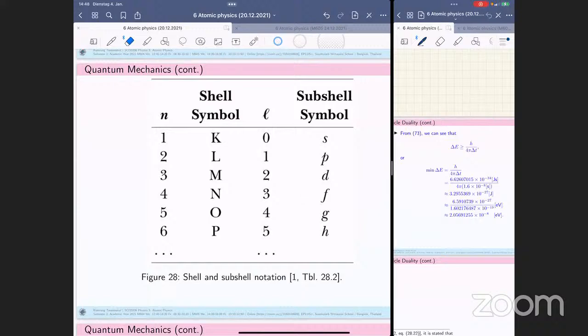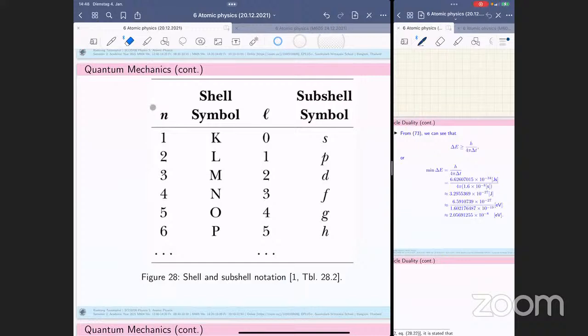They use a special language. They use English, but they use different notation to represent the case when n is equal to 1 and n is equal to 2. When n is equal to 1, they use simply the shell symbol as K, the principal number K, instead of n equal to 1.